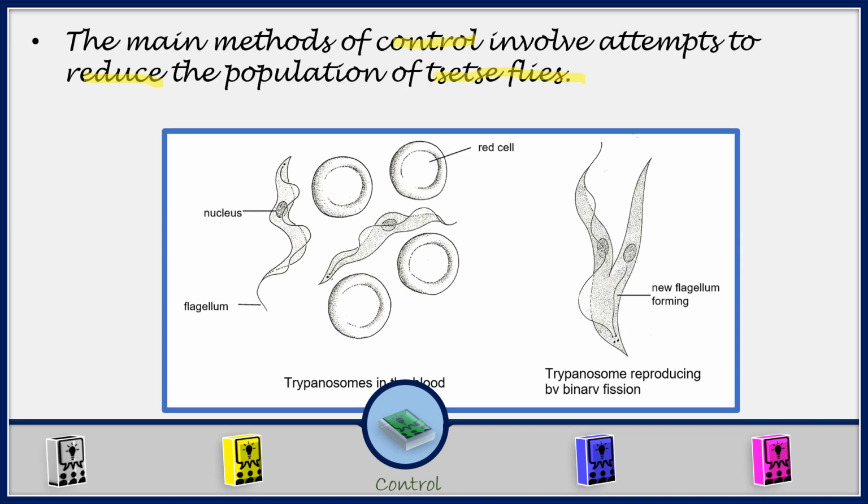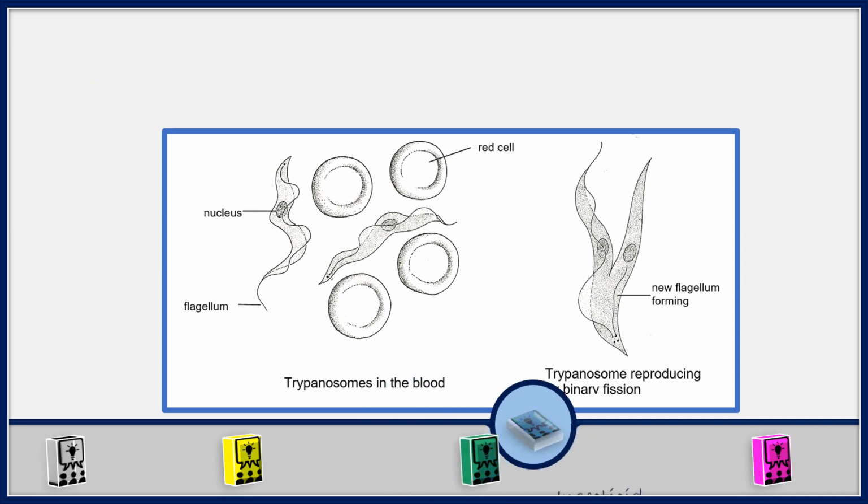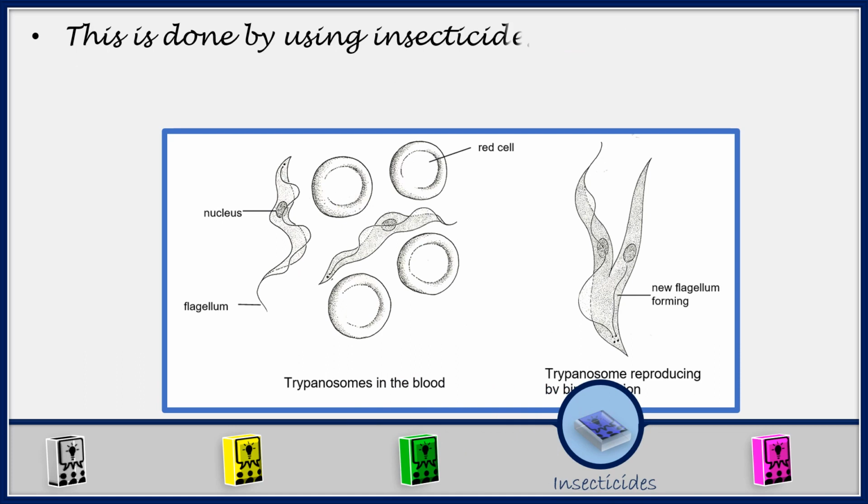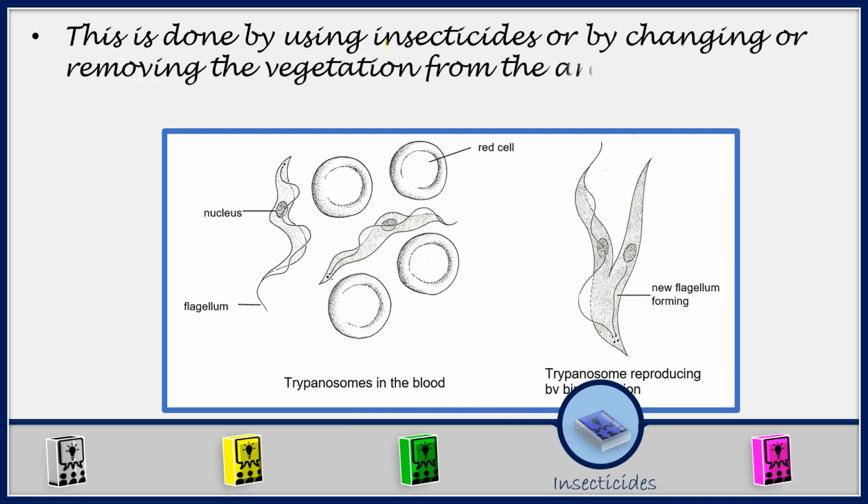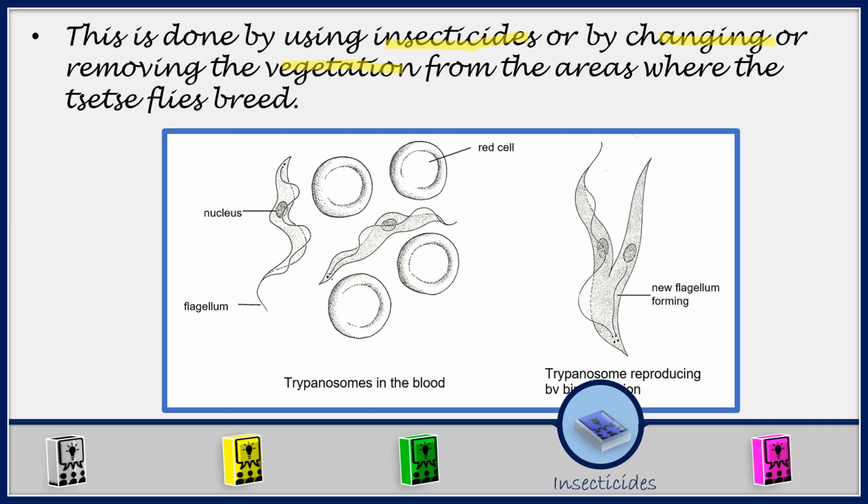All the methods of control that are applied are attempting to reduce the population of the tsetse flies. This can be done by use of insecticides or changing and removing the vegetation from the areas where the tsetse flies breed.